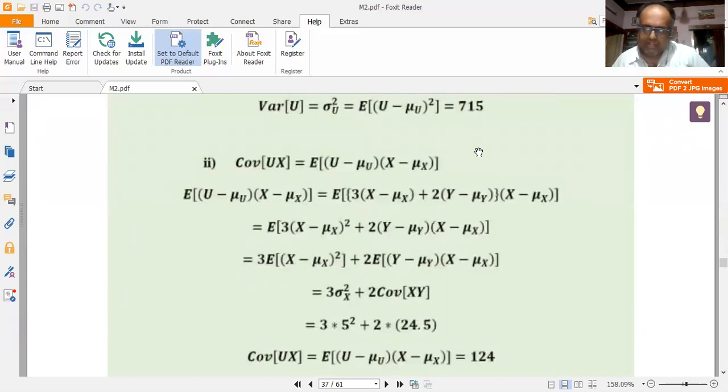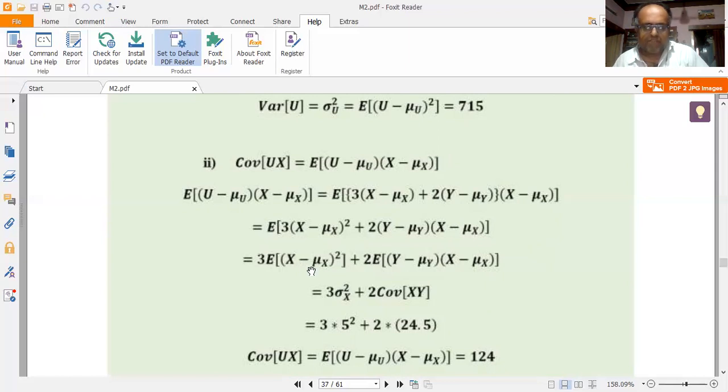So this is equal to E of 3 into x minus mu x plus 2 into y minus mu y, into x minus mu x. So cross multiplying and simplifying, I get this as 3 E of x minus mu x the whole square plus 2 E of y minus mu y into x minus mu x. Now recall what these are.